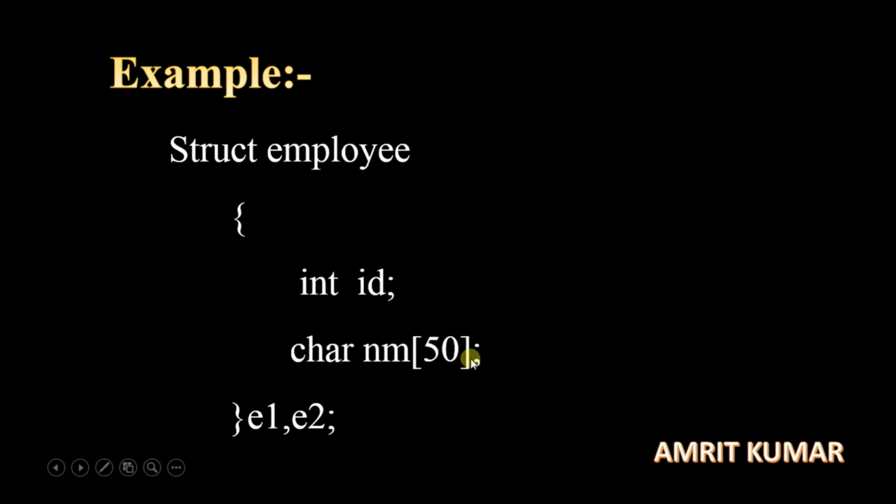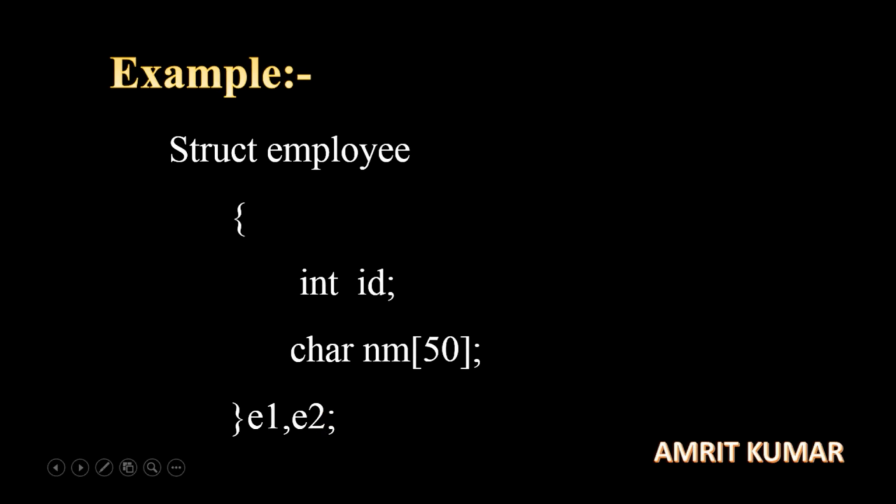Then I am closing with close curly braces, and I am declaring two variables E1 and E2 of type struct employee. So E1 and E2 can access each and everything of employee. Then I am terminating the structure with a semicolon. This is the required part.